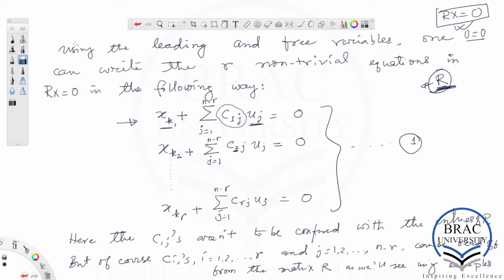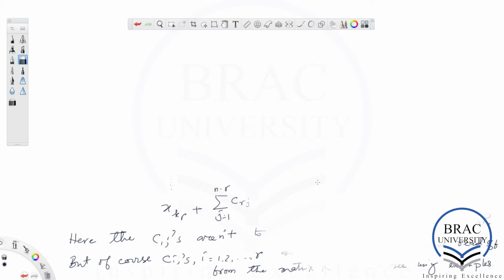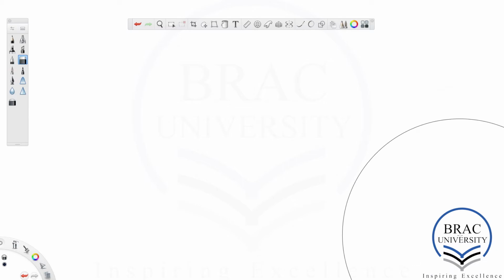So we have this system of r linear equations corresponding to the homogeneous system Rx is equal to 0.